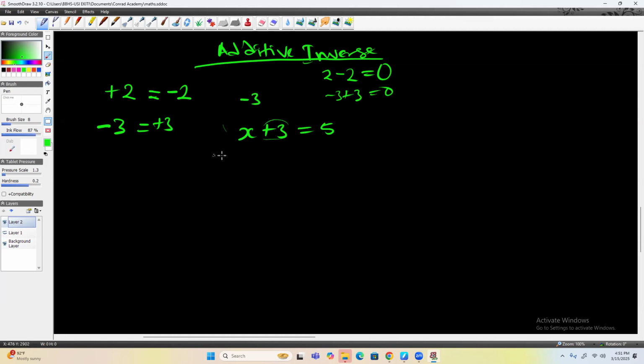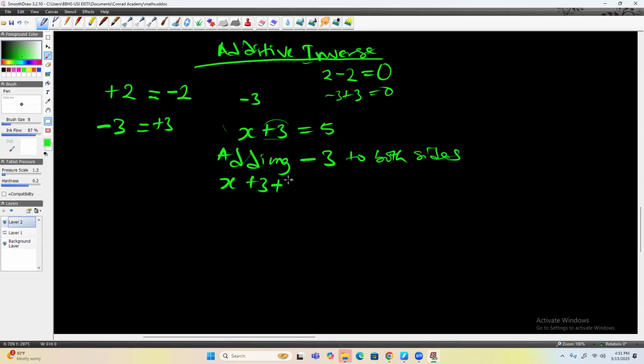So in algebra, you say adding -3 to both sides. Or sometimes you see some people write subtracting 3 from both sides.